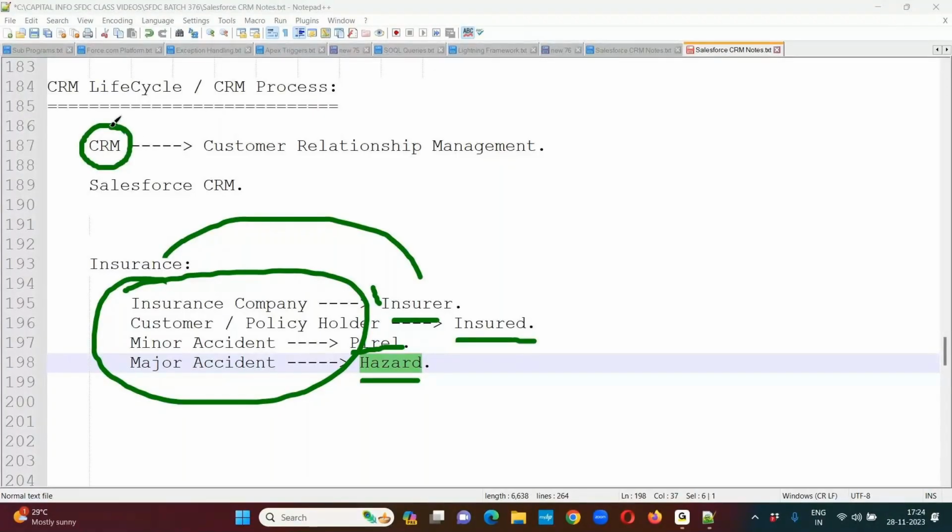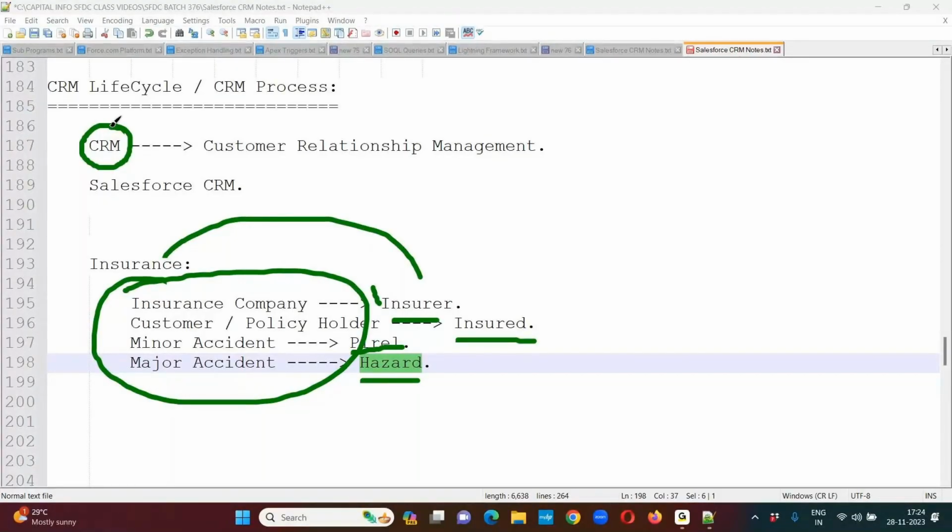We have some specific terms, the objects, the words that we should be aware of in order to talk to the CRM application. Not only with Salesforce CRM, we can take any CRM application available in the IT industry. It may be Sugar CRM, PeopleSoft CRM, Siebel CRM, SAP CRM, Oracle CRM.